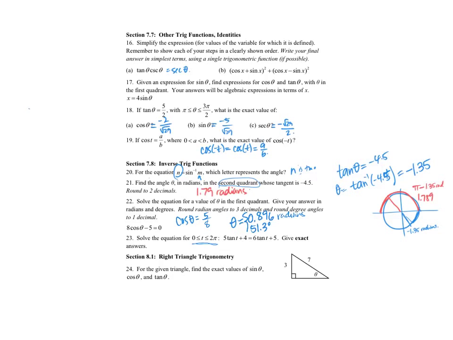So if I subtract 5 tangent t from both sides: tangent t plus 4 equals 6 tangent t plus 5. I can subtract 5 tangent t from both sides. I get 4 is equal to tangent t plus 5, and I could subtract the 5, and I get tangent t is equal to -1.